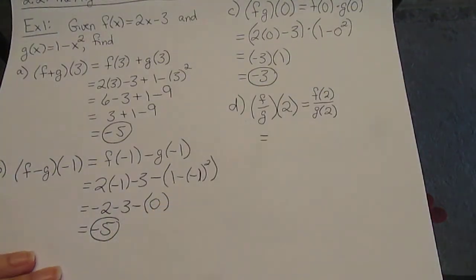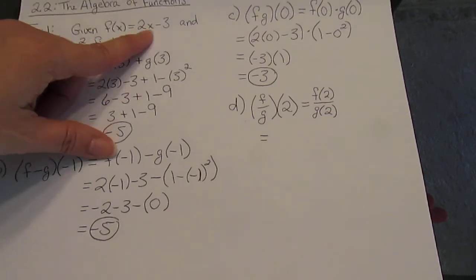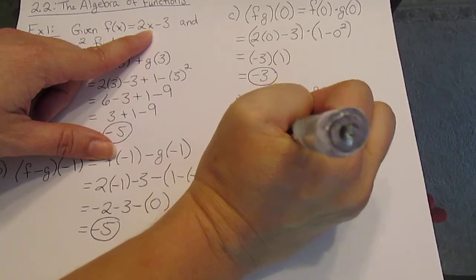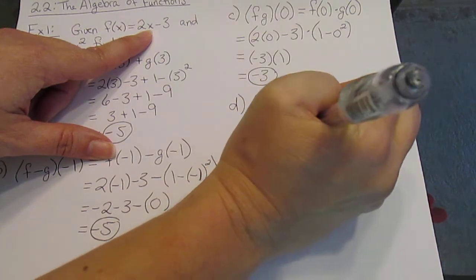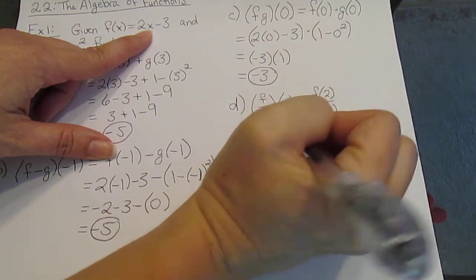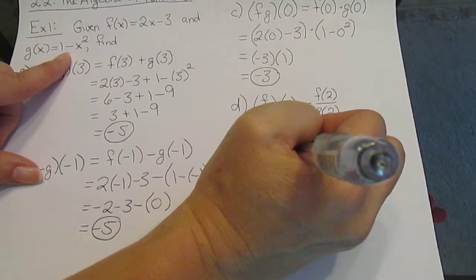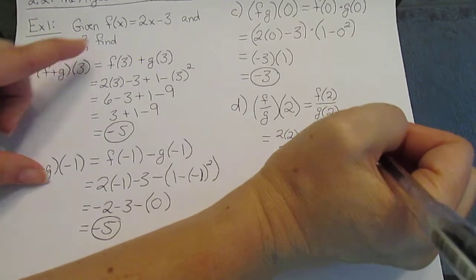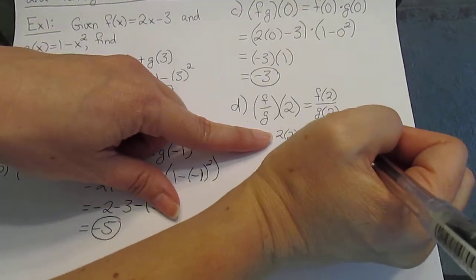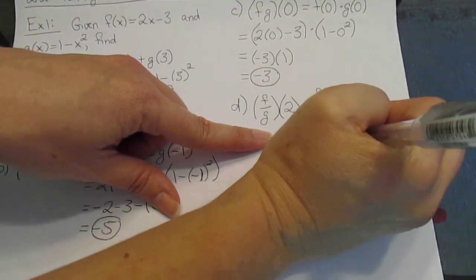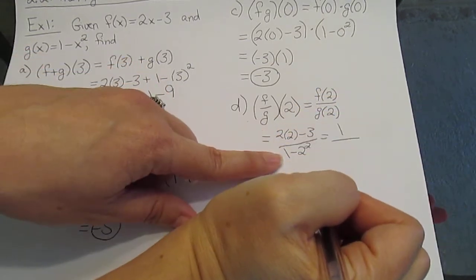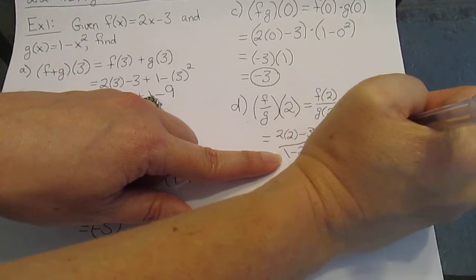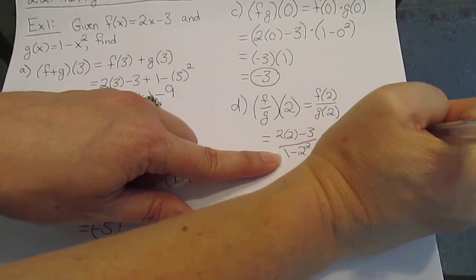Okay, so we'll go ahead and we'll plug in that 2 in for x in both of our functions. So I've got 2 times 2 minus 3 all over 1 minus 2 squared. Okay, so on top we've got 4 minus 3, which is 1. On bottom we've got 1 minus 4, so that's negative 3. So I get a negative 1/3 for my answer.